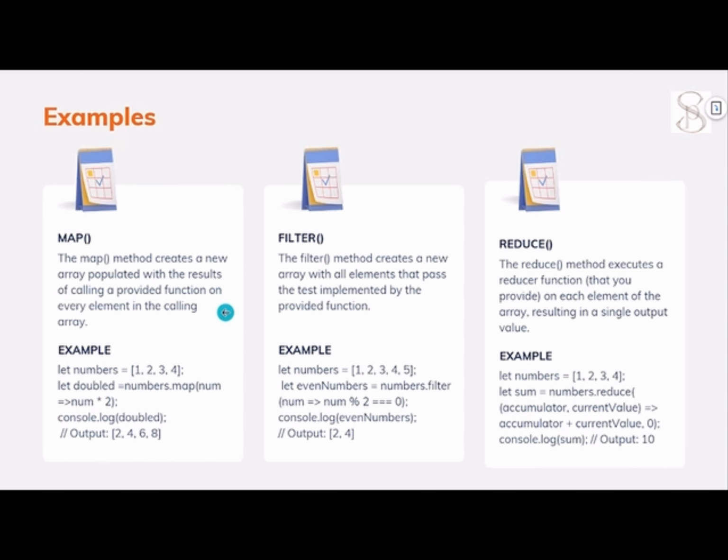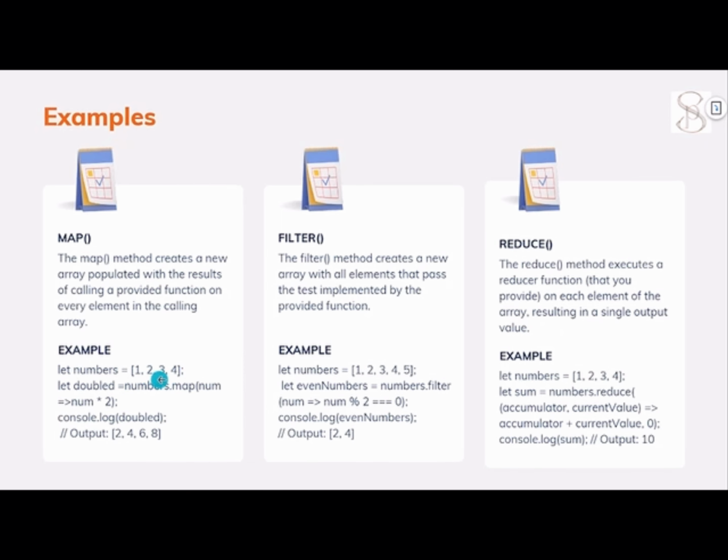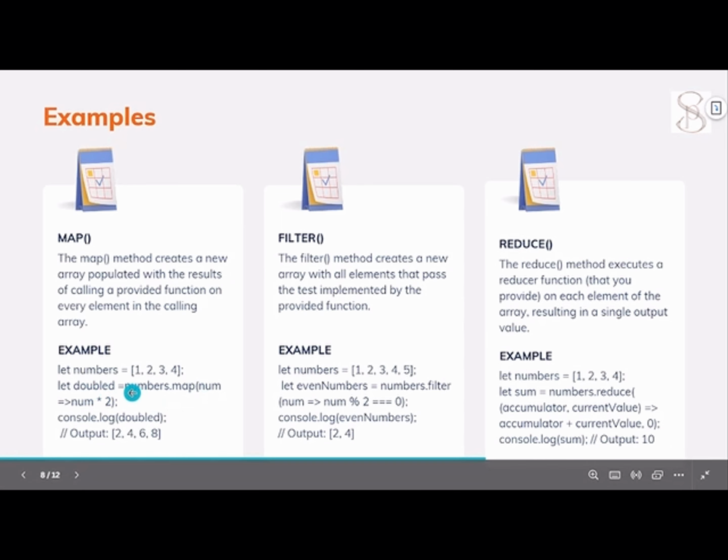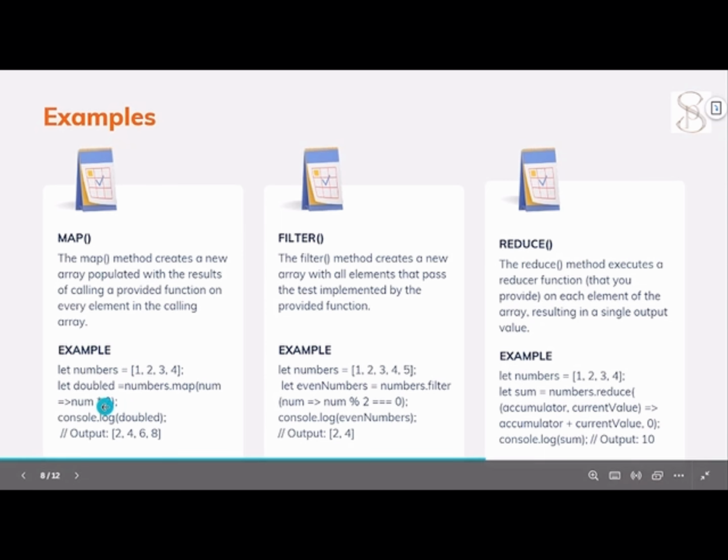Suppose, see here, I had taken an array with the numbers 1, 2, 3, 4. I used this method and kept it in a variable called double, where double uses map. That means map of num.